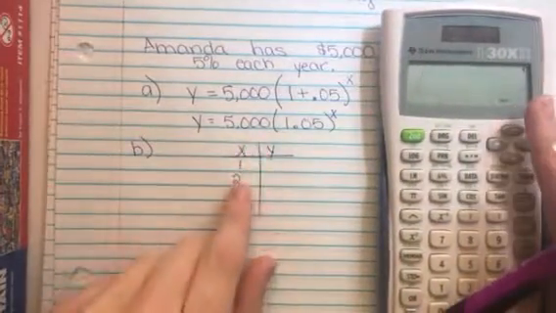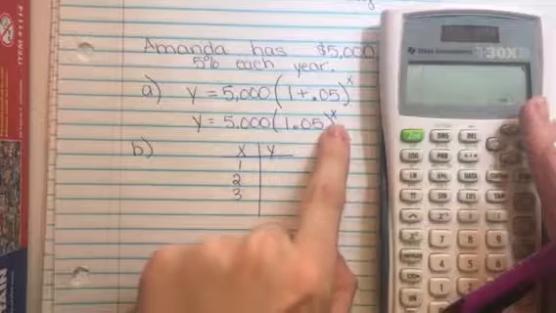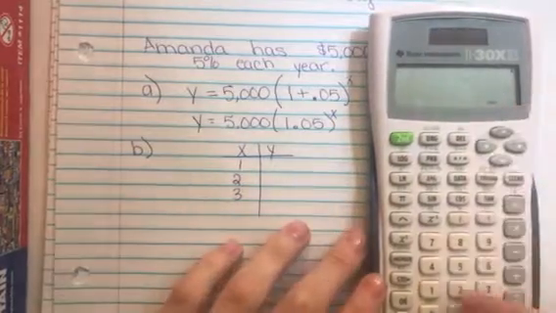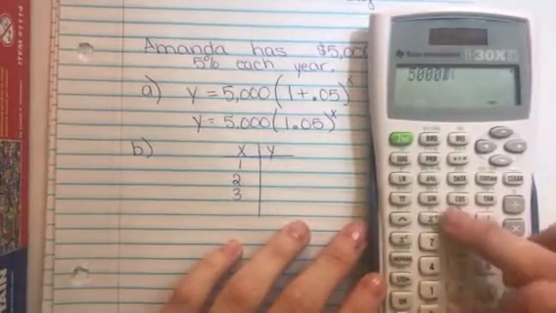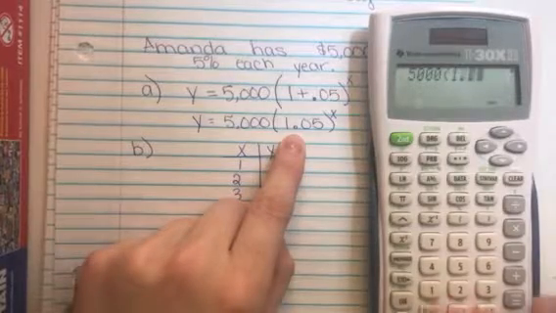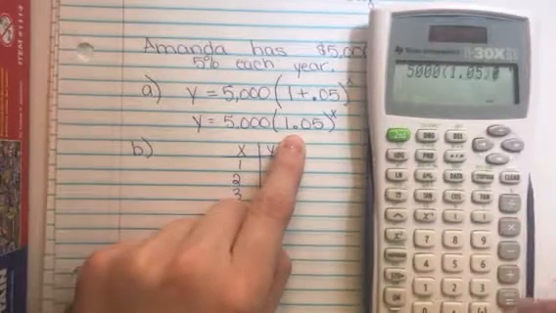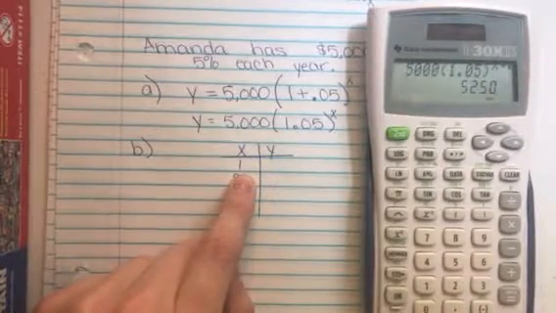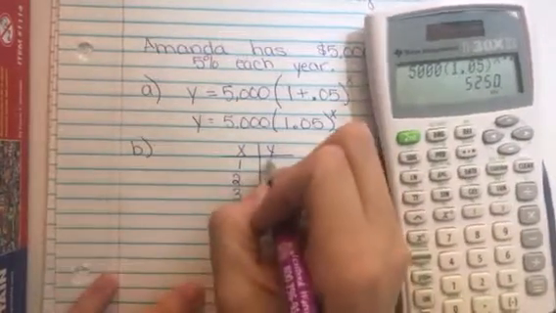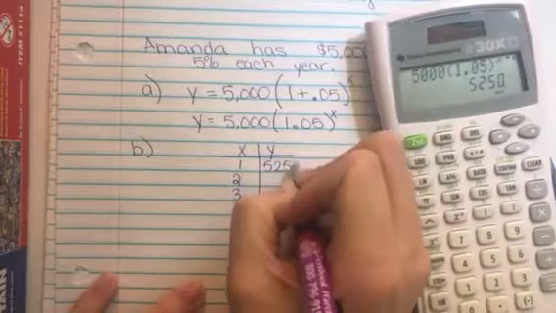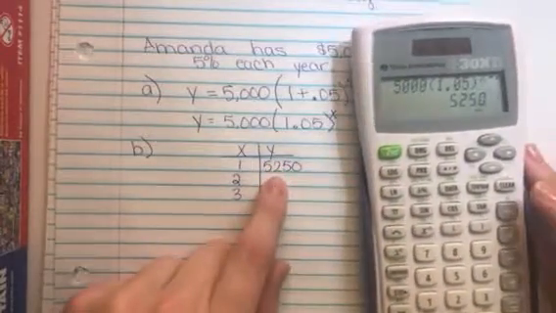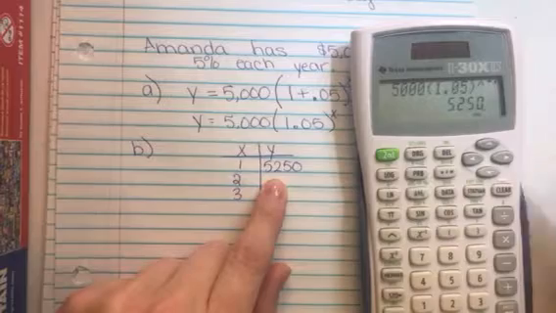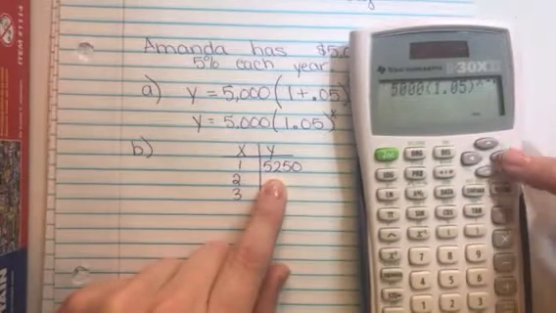And very similar to yesterday, we're just going to be plugging these values in for x. So in my calculator, I'm going to type in 5,000. Then in my parentheses, 1.05, up caret to the first. Okay, and I'll get out $5,250. So that means after a year, my bank account now has $5,250 in it.